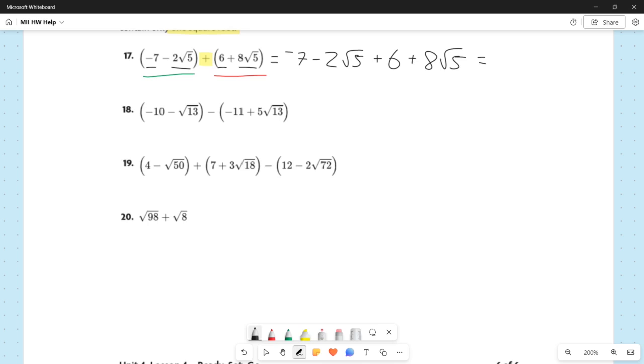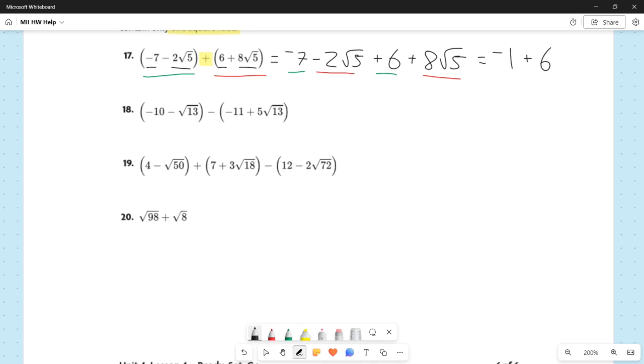Our integer parts are -7 and +6. We can combine those. -7 plus 6 is -1. We can also combine our irrational parts, which are -2 root 5 and 8 root 5. If you have -2 of something and you add 8 of that something, you just combine your coefficients. So -2 plus 8 is 6.